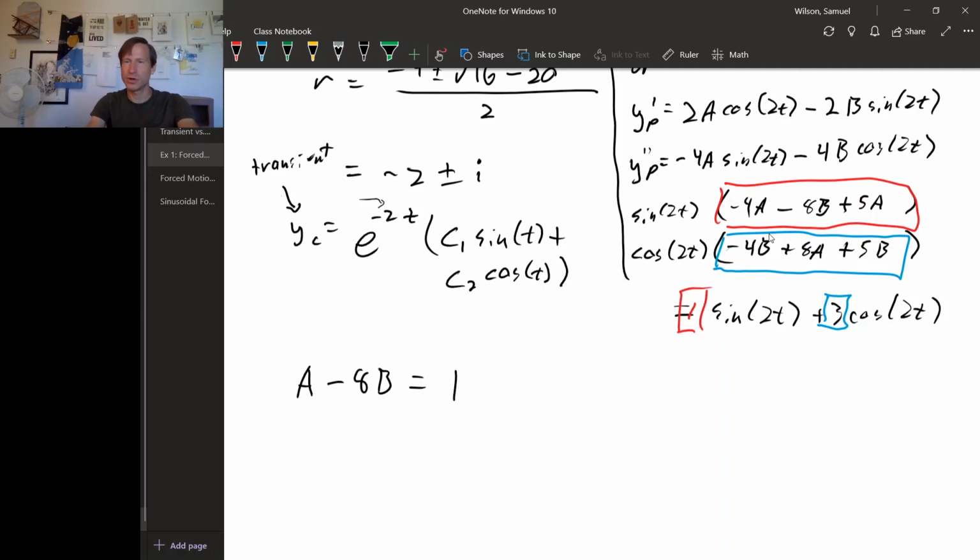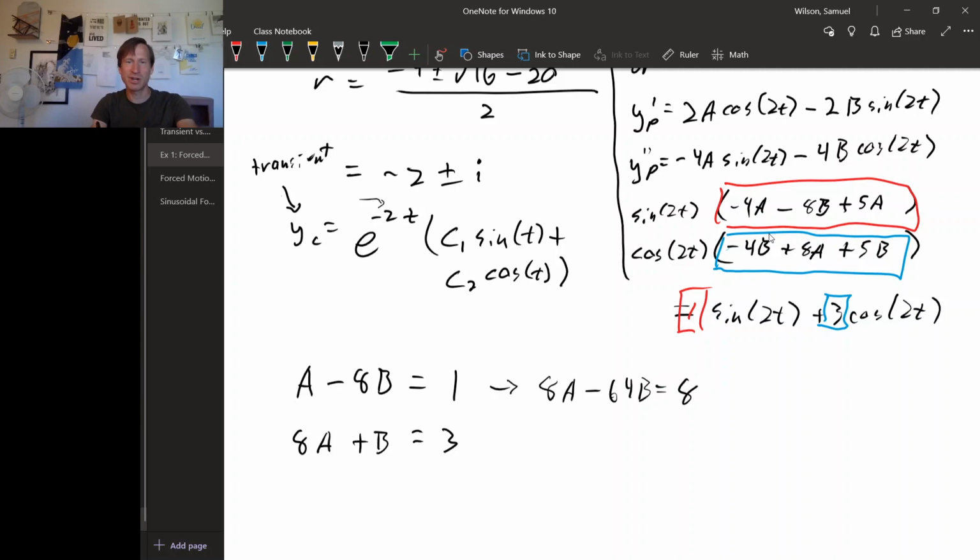And for the cosine equation, we get 8a plus b equals 3. So to solve this, why don't we multiply the first one by 8, I guess? So that's going to give us 8a minus 64b equals 8. And then do first equation minus second equation.